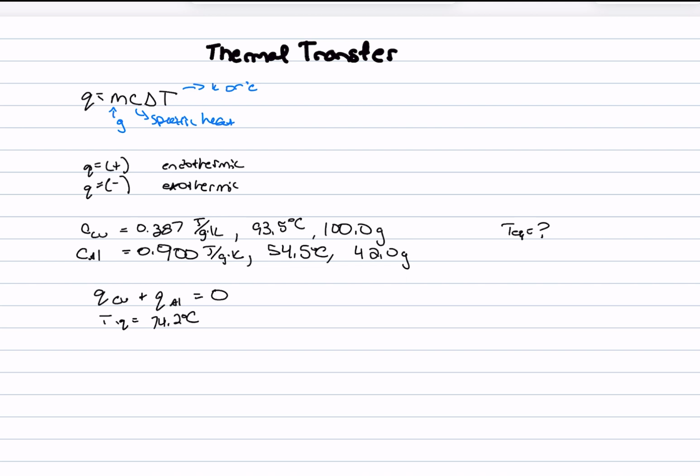And this works since the final equilibrium temperature is the final temperature in both the copper and aluminum. And so the final temperature is equal to 347 Kelvin or 74.2 degrees Celsius.